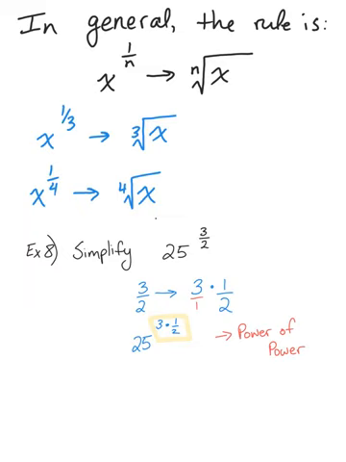I could say this could be 25 to the power 3, to the power 1/2. So the inside exponent is telling me to cube it. The outside exponent is telling me that I need to take the square root. So I can rewrite this even more. I could say, okay, this is the square root of 25 to the power 3.